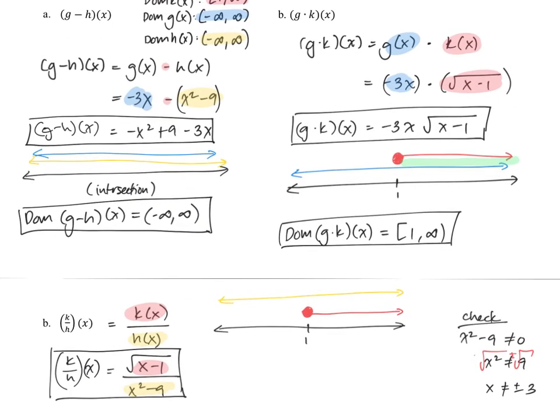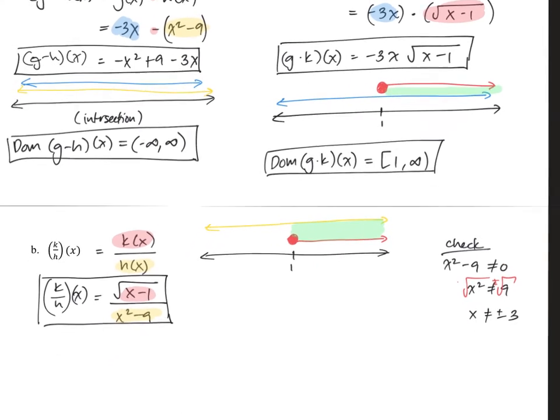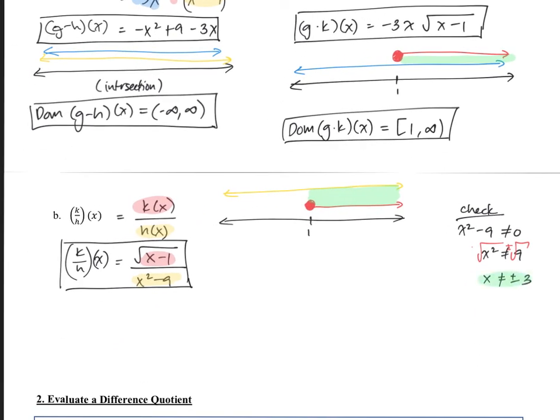And we want to take their intersection. So the intersection of these two are all of these numbers here, except we need to take into the fact that we found out that we're not allowed to have plus or minus 3 in our domain. So negative 3 we can't allow. We'll take that out. And positive 3 we can't allow.